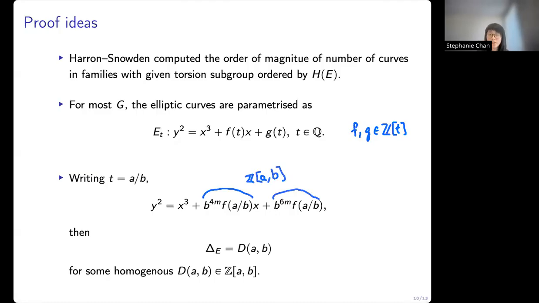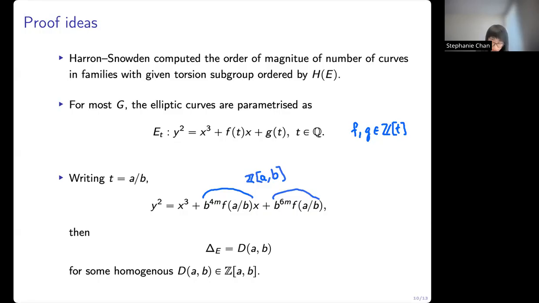So you clear out the denominator and turn this into an integral model, and then we're able to write down the discriminant in terms of these two polynomials that are now also homogeneous, if you've picked them correctly.